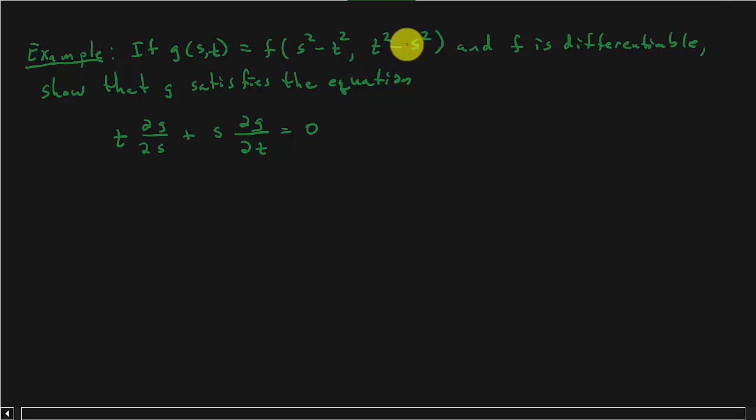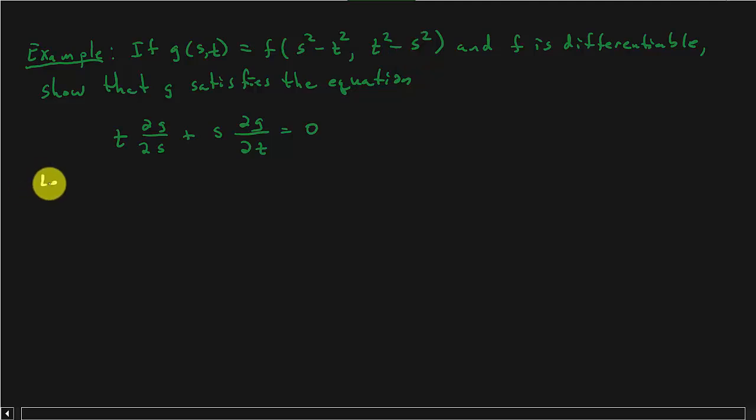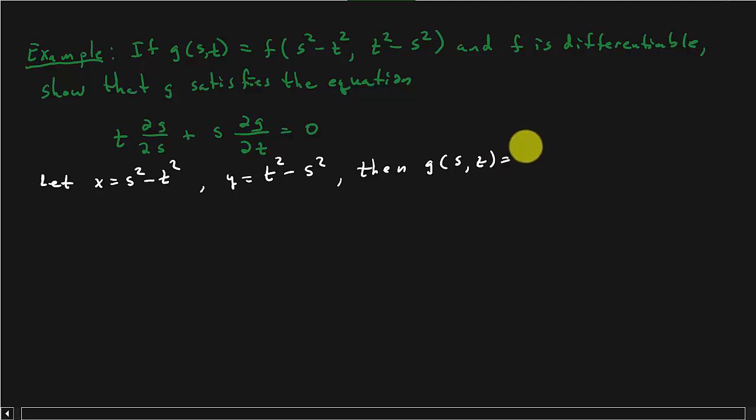To make it a little easier to work with, let's say let x equal s squared minus t squared and y equal t squared minus s squared. If we do that, then g of s, t is equal to f of x, y.